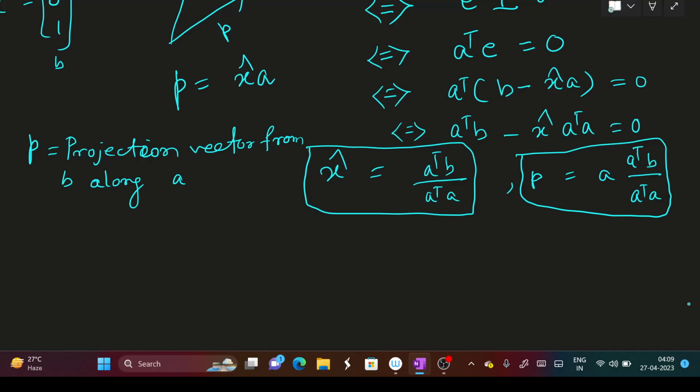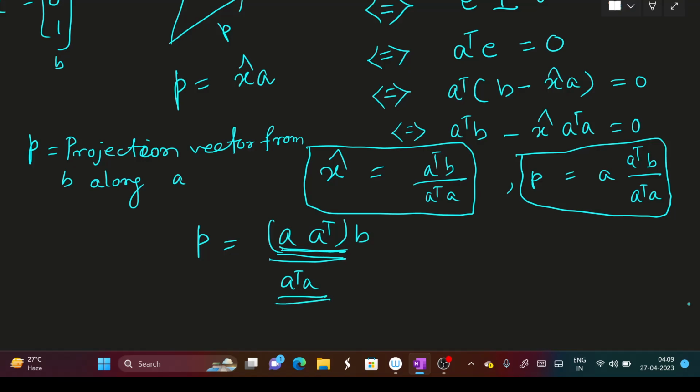Now this small p I can also write like this: a a transpose b, where previously the bracket was there, now I will make the bracket like this, and I divide it by a transpose a as it is. So here this a a transpose is a matrix, and this a transpose a is a scalar.